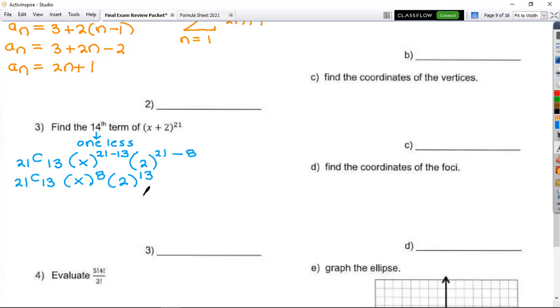All right. Then what you're going to do is use your calculator and type these in. So 21 choose 13: go math over to probability. So 21 choose 13 is large, 203,490. And then I have x to the 8th. And 2 raised to the 13th power gives me 8,192.